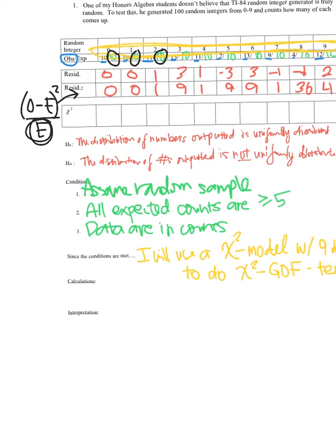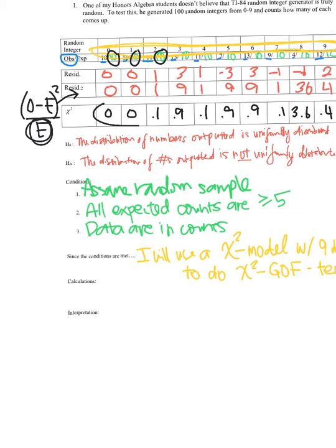So if I do 0 divided by 10, I get 0. 0 divided by 10, I get 0. 1 divided by 10, I get 0.1. 0.9, 0.1, 0.9, 0.9, etc. 0.1, 3.6, and 0.4. All right.